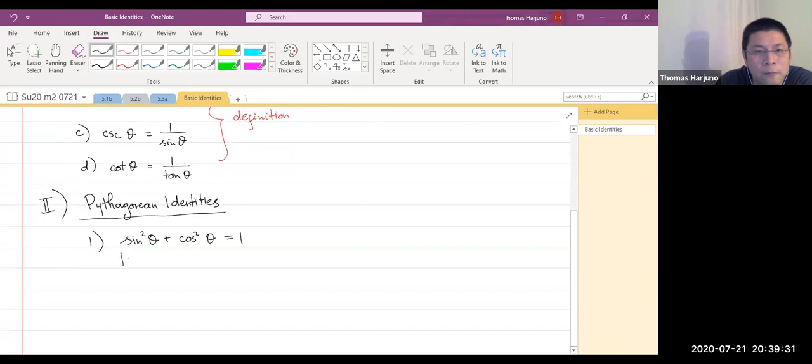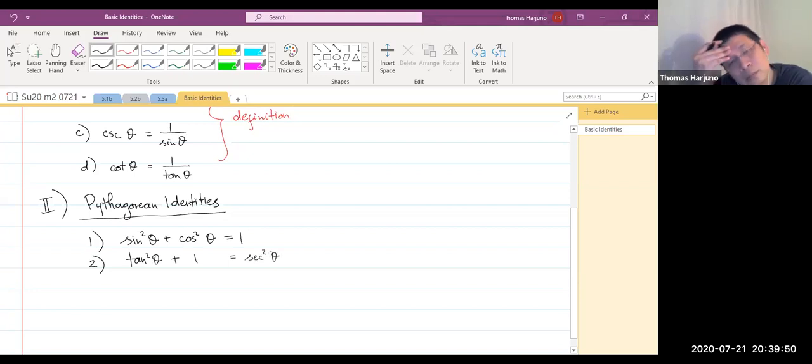Proof. Maybe I prove it later. Let me write it down first. The second one is tangent squared theta plus 1 equals secant squared theta. The third one, 1 plus cotangent squared theta equals cosecant squared theta.